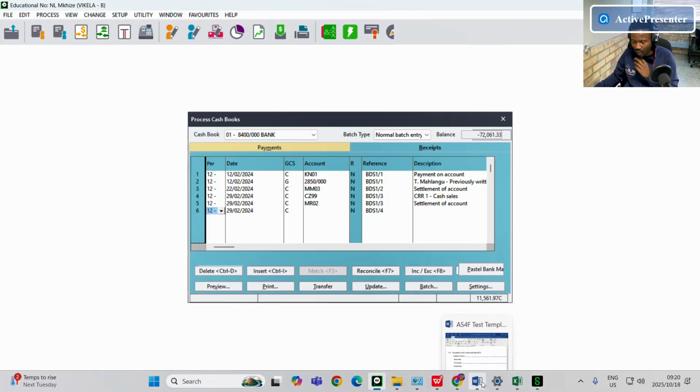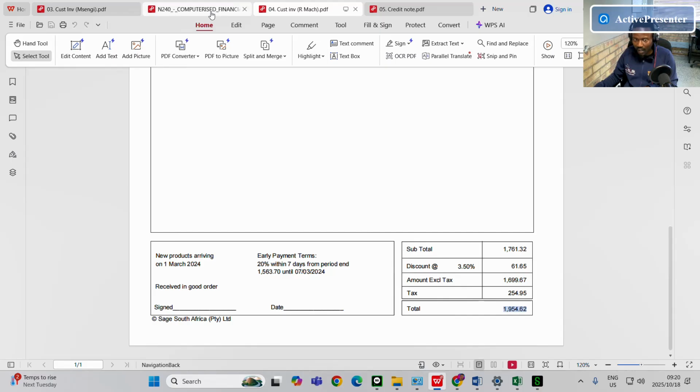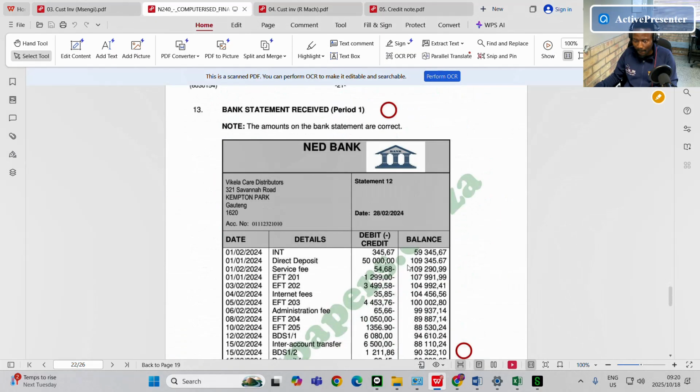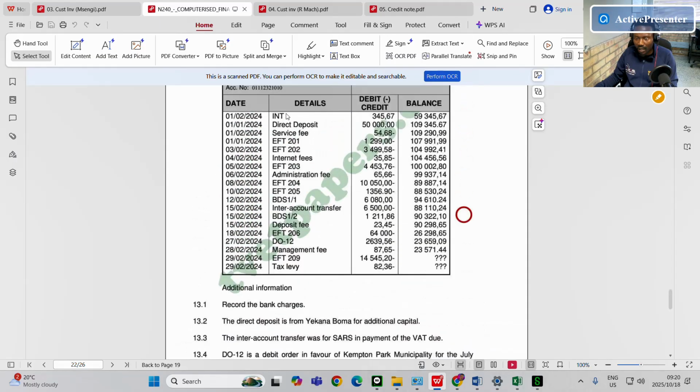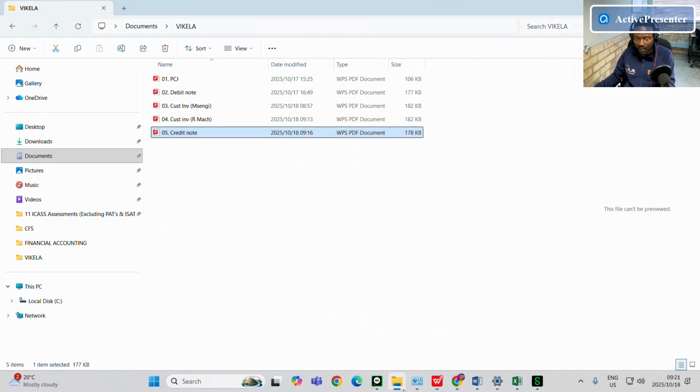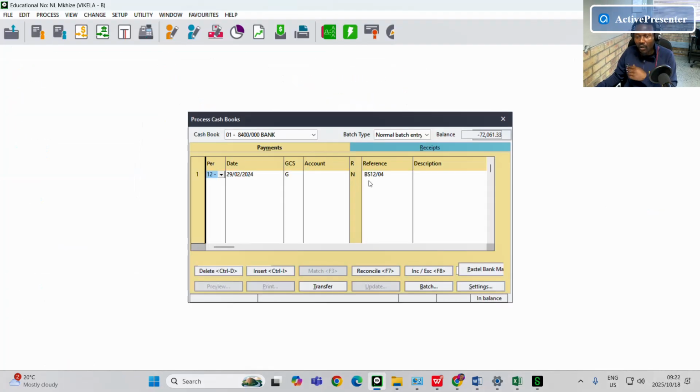So now we just need to quickly go check on the bank statement. Underneath the bank statement, obviously we've dealt with bank charges. It says the direct deposit is for additional capital. So here's this direct deposit, it's for capital. So remember, when we did the CPJ, the last reference I think was BS12/04.